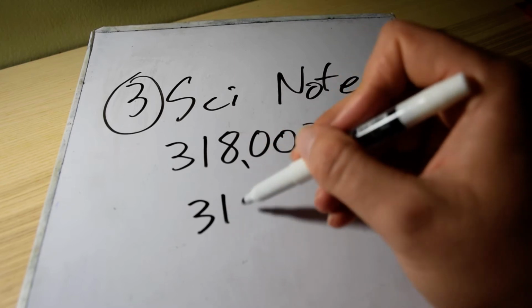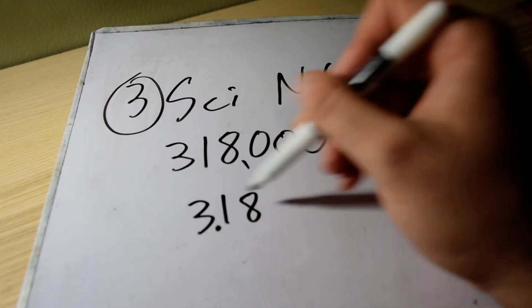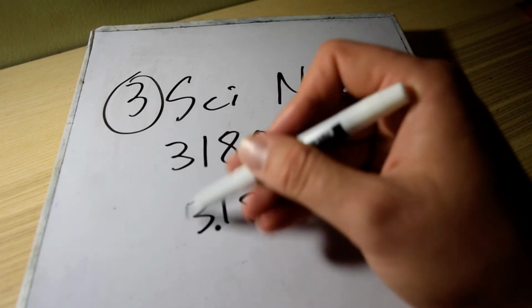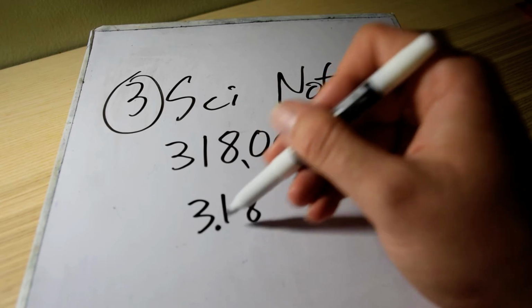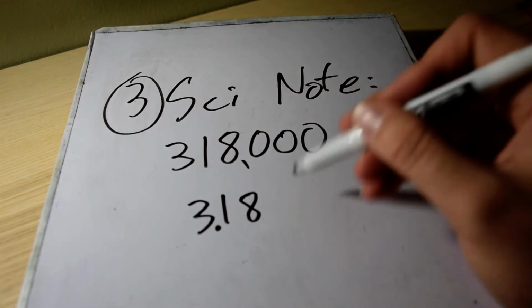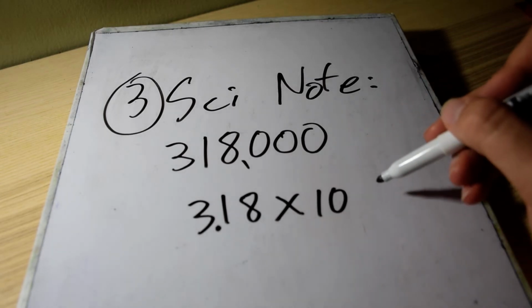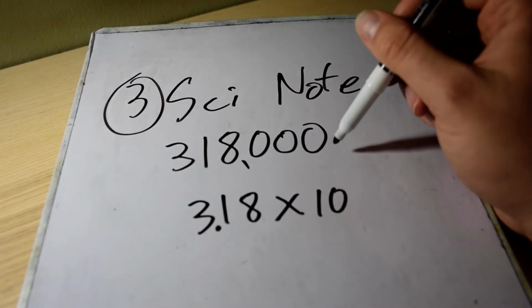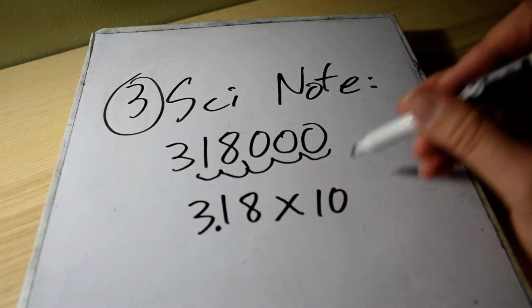So we write 318, but we write a decimal there. 3.18. You always have the lead number being a number between 1 and 10 with the point and then everything else. Then we multiply by 10 to the power. So how many powers? Well, you count 1, 2, 3, 4, 5.